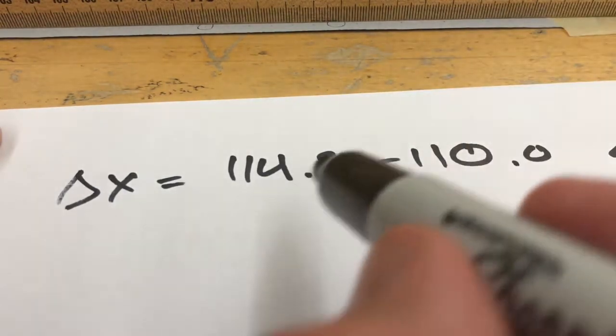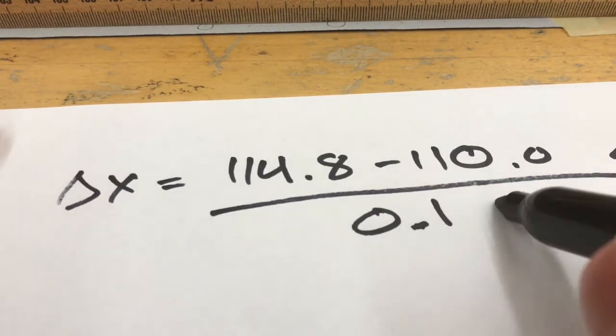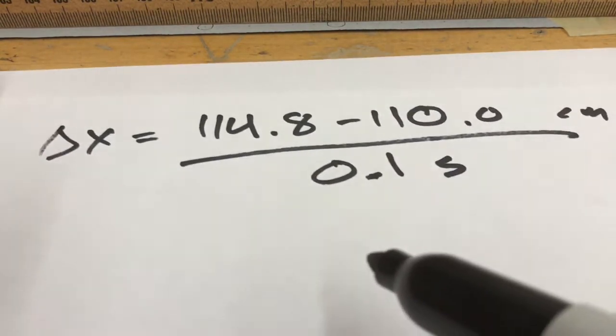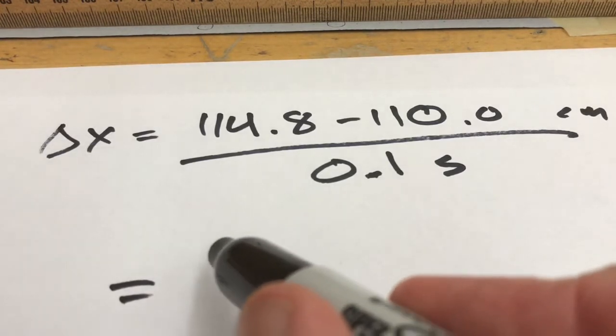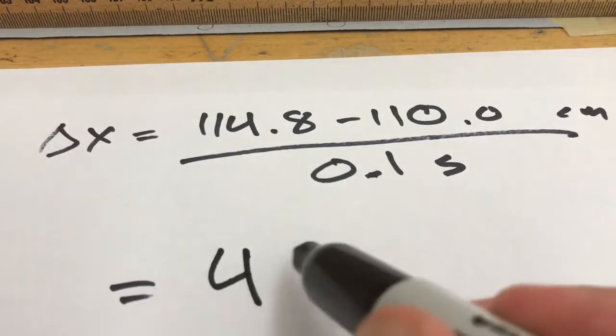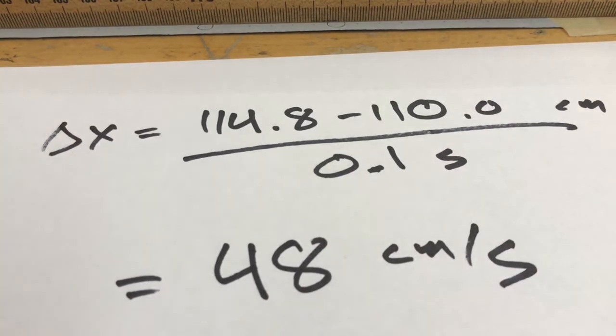And because it's 6 spaces again, my delta t is still going to be 0.1 seconds. So this one, it looks like, is going to work out to be, if you work out that math, 48 centimeters per second. So it's going pretty close to the same speed.